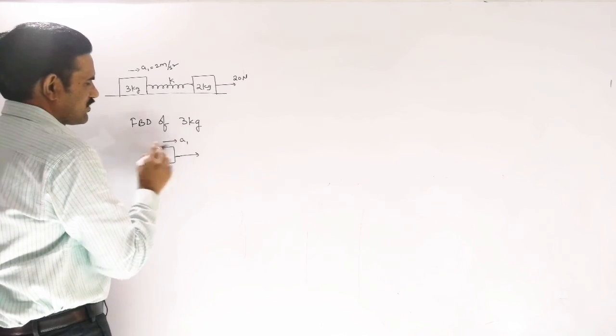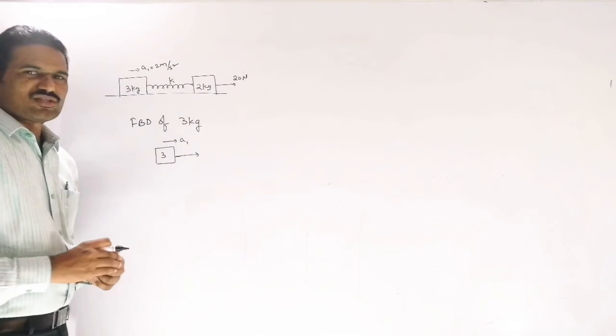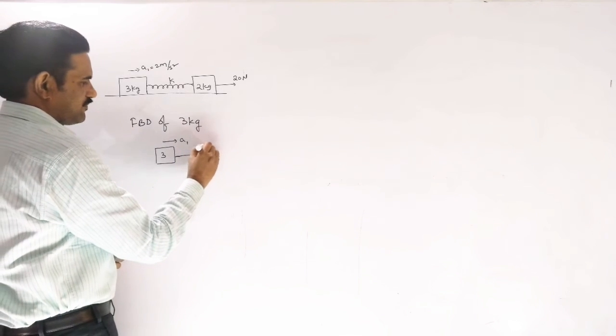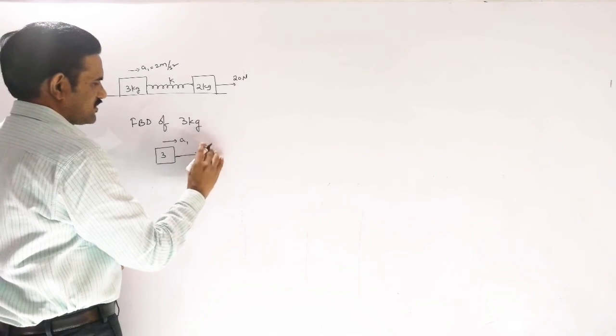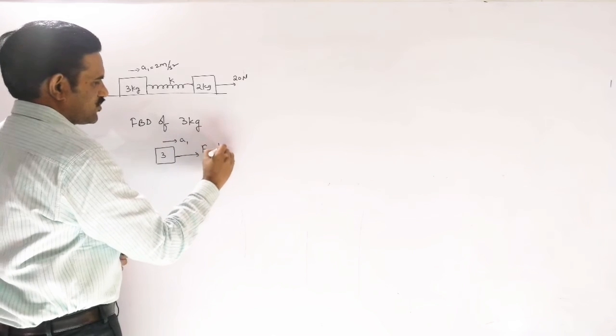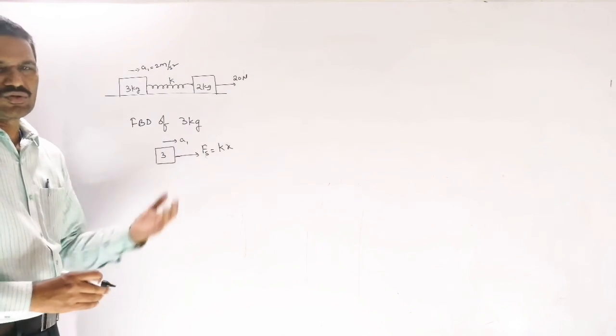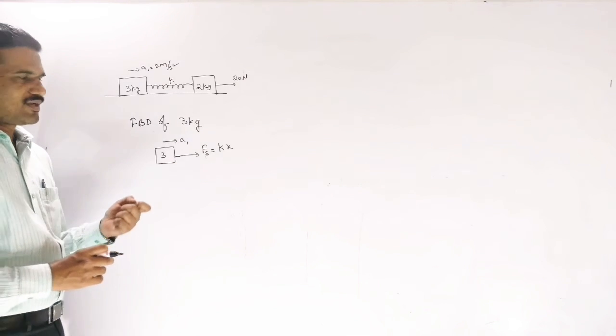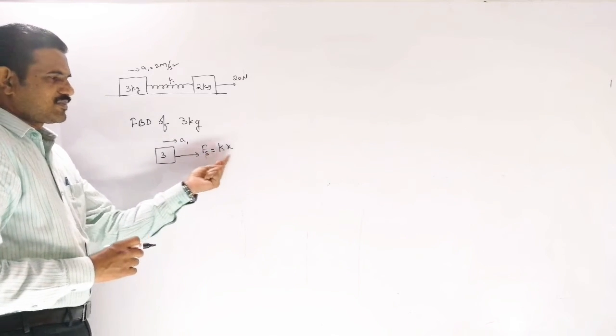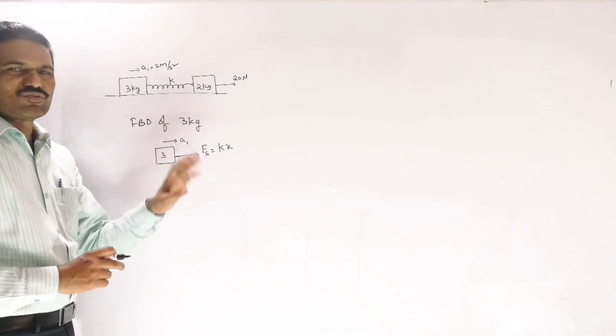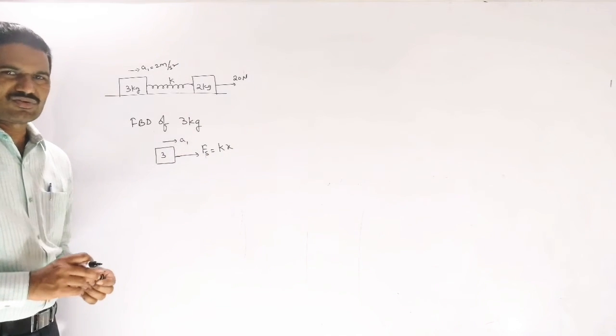Now there is a force acting on this block, and that force is nothing but our spring force, which you can write as kx. If x is the elongation or compression produced in that spring, then you can consider the spring force as kx here.